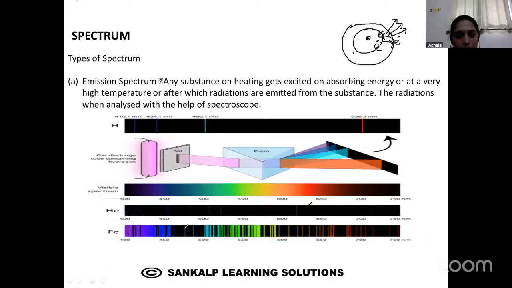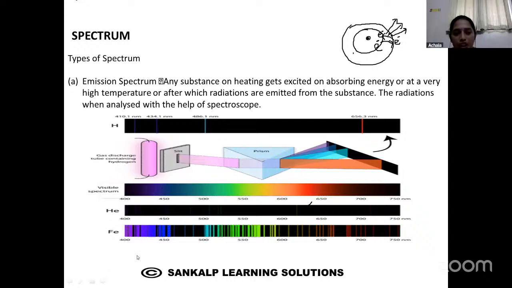Consider if you are heating an iron rod, it is emitting some radiation. You observe when an iron rod is heated, it turns red. When that is passed through the prism, they observe these lines. This is called as emission spectrum.